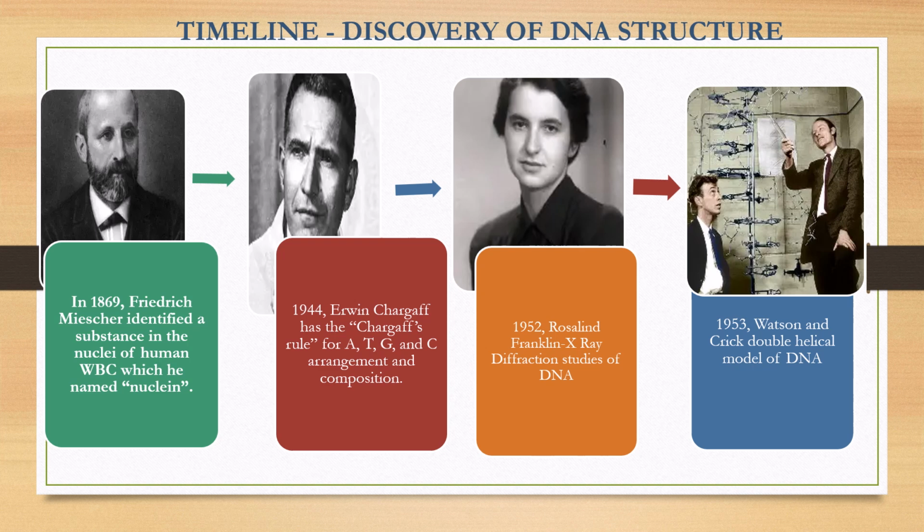In 1944, Erwin Chargaff suggested a few rules for the arrangement and the composition of the DNA. In 1952, Rosalind Franklin's X-ray diffraction studies of DNA was a milestone which led to the discovery of the DNA structure. And the credit goes to Watson and Crick, who discovered the double helical model of the DNA in the year 1953.